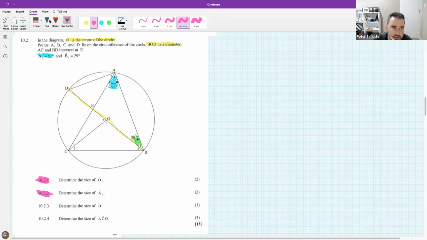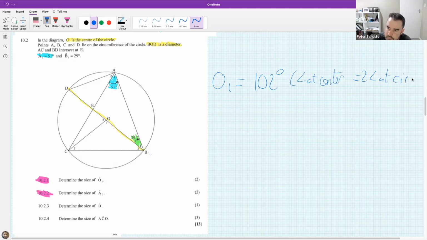I see a lot of students jumping on O1 because they notice it's the angle at the center, and they say it's 102 degrees, which I would agree. So that is 102.